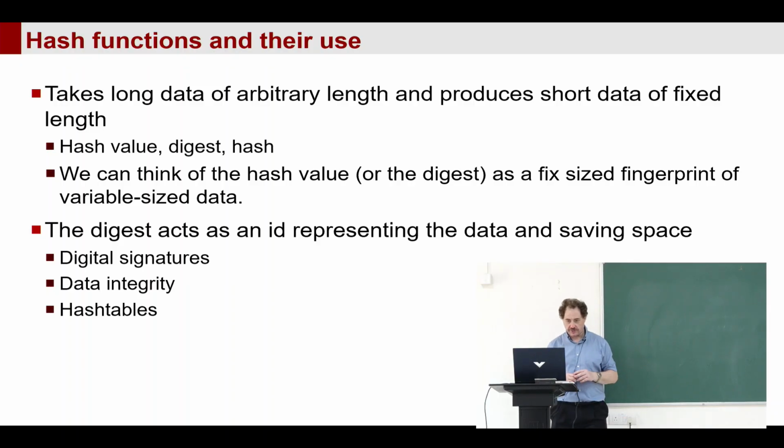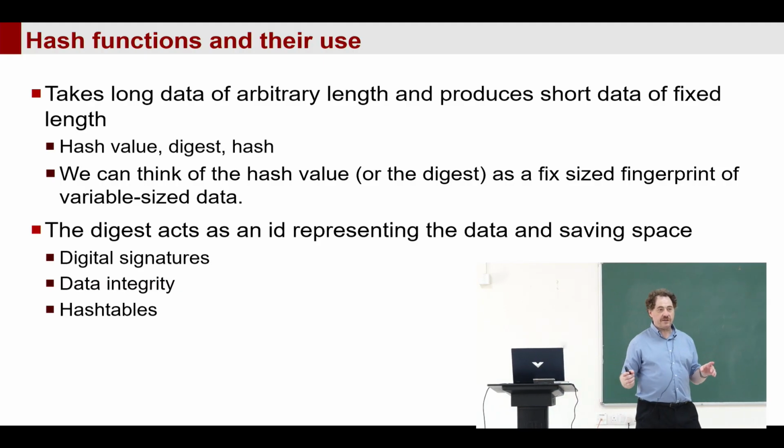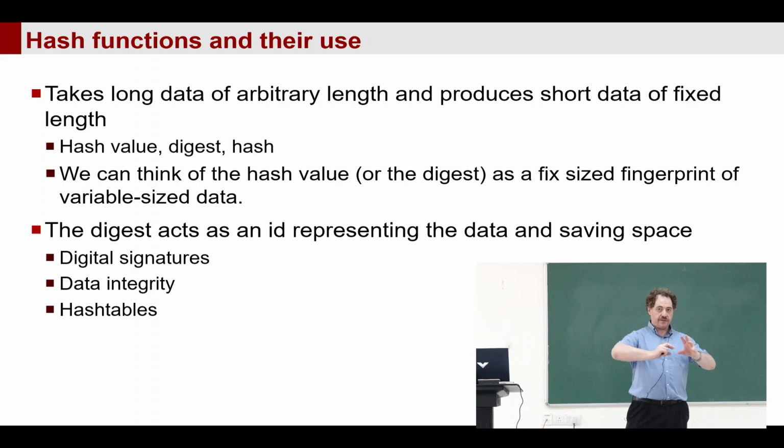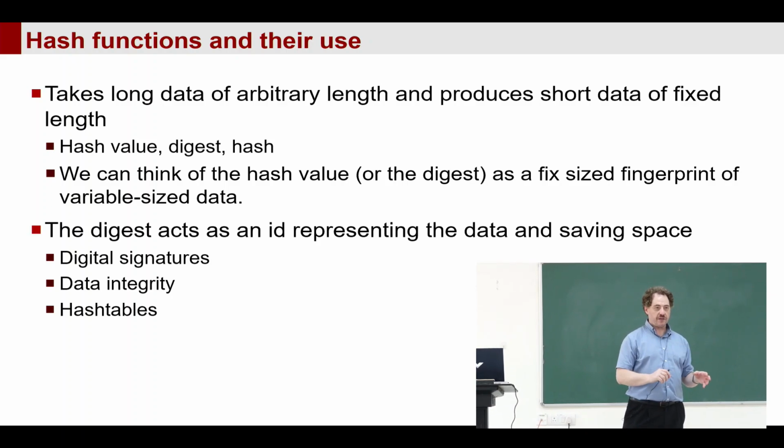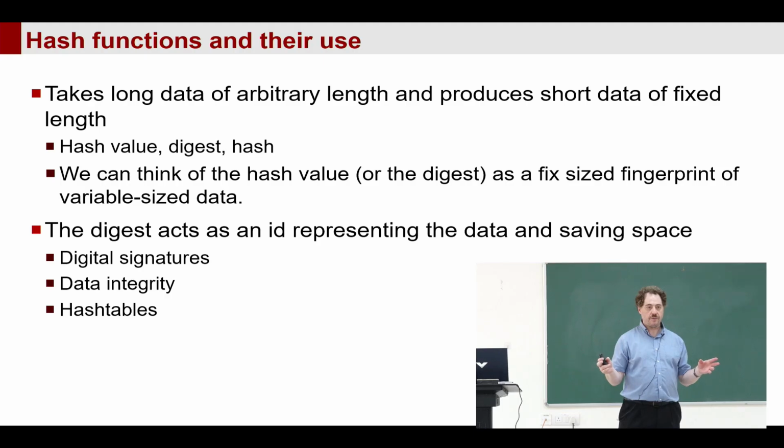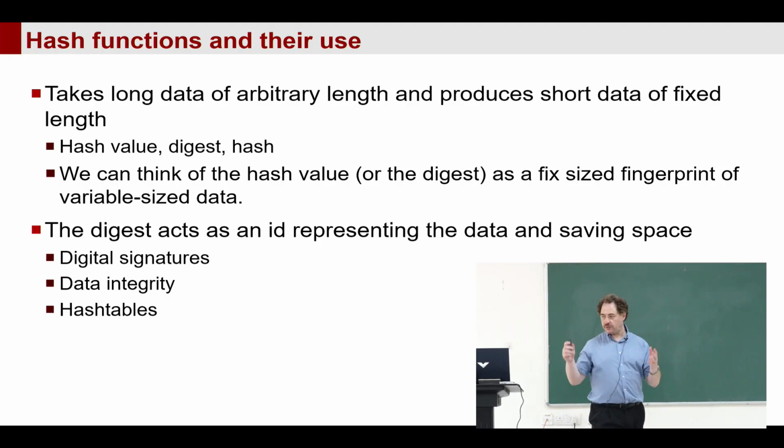How do we use hashes? The digest may act as an identifier representing the data. So instead of comparing the data and seeing whether it is the same piece of data or a different piece of data, it is much more efficient to compare the hash value, because it's much shorter.